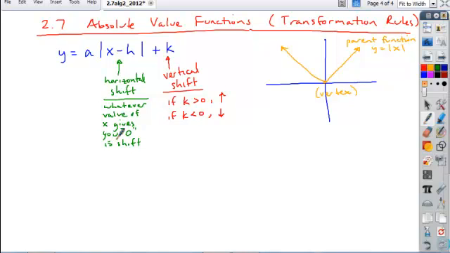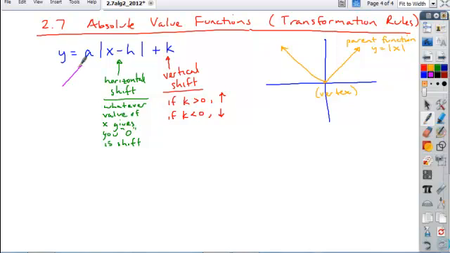So if you can get a value of 0 inside that absolute value when x is 5, then the shift is a plus 5 to the right. If you can get a value of 0 inside that absolute value expression by plugging in negative 5, then your horizontal shift is to the left 5. Again, we'll go through an example of this here in just a moment.